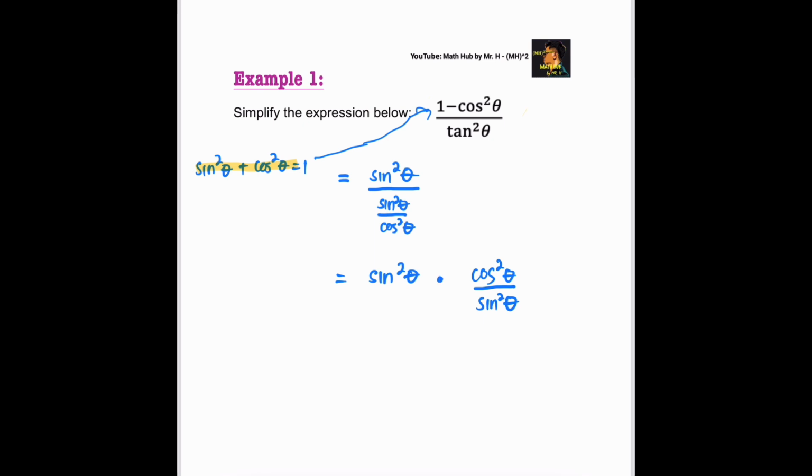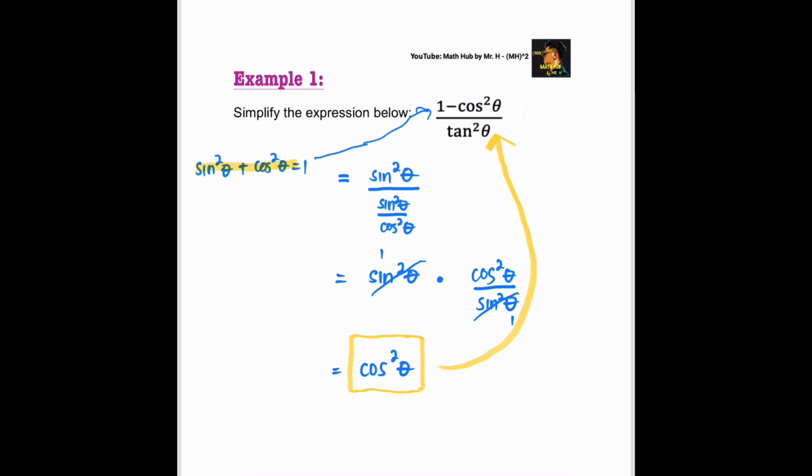And then from here, you can see that the sine squared theta can be canceled out, or sine squared theta divided by sine squared theta is 1. Okay, so replace that by 1. And we are left with the final answer. So we have 1 times cosine squared theta is cosine squared theta. All right, and that is the answer. That is the simplified version of this original expression.